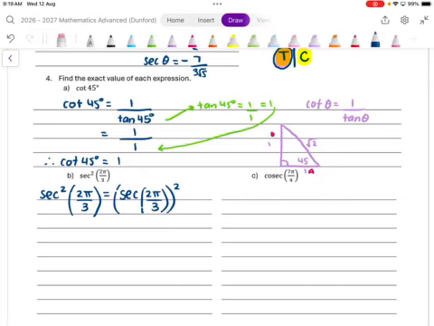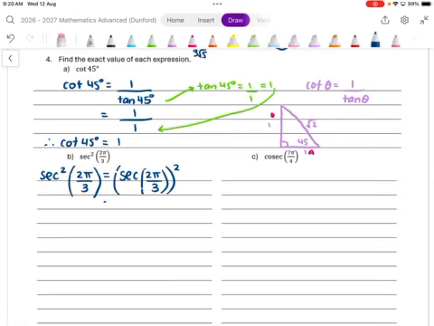So instead of writing it out like that, we put our squared above our last letter of our sec. Okay, what is sec? Sec is 1 over cos, so it's going to equal 1 over cos 2 pi on 3 all squared. In fact, the whole fraction is squared, which doesn't really matter, I suppose, because we know that 1 squared is just going to be 1.